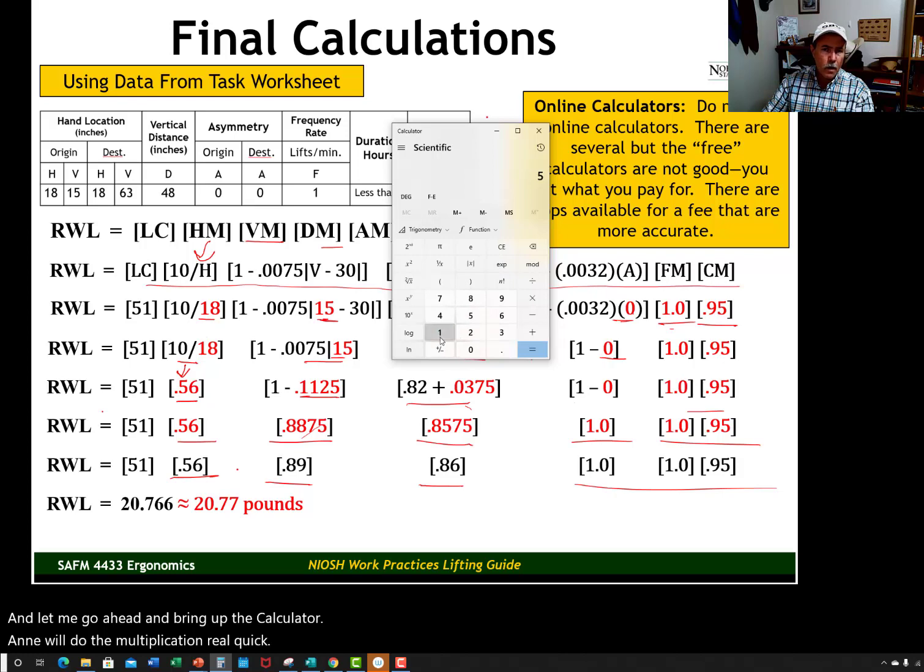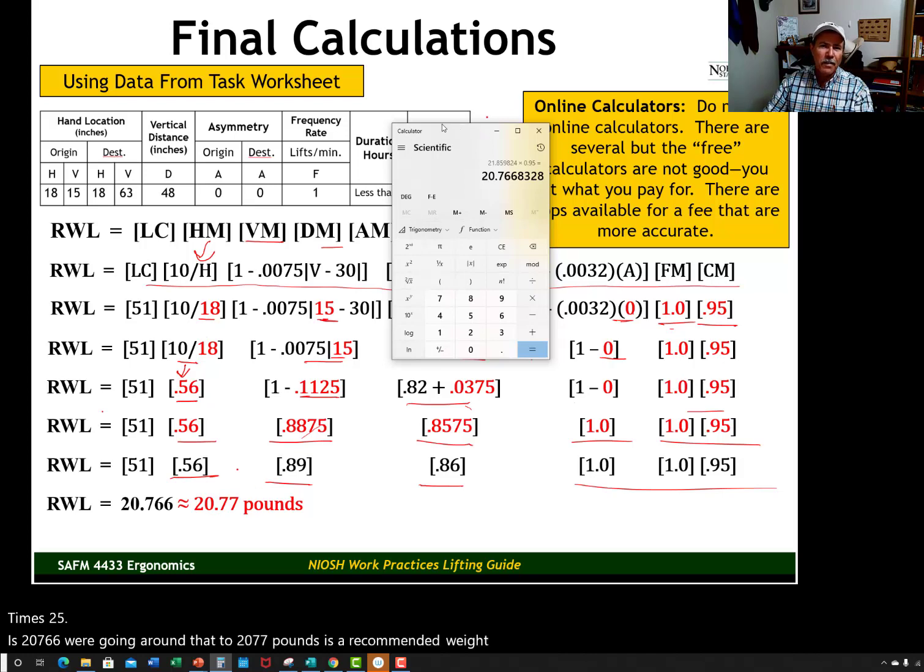We've got 51, our load constant, times 0.56 times 0.89 times 0.86 times 1 times 1 times 0.95 is 20.766. We're going to round that to 20.77 pounds is our recommended weight limit.